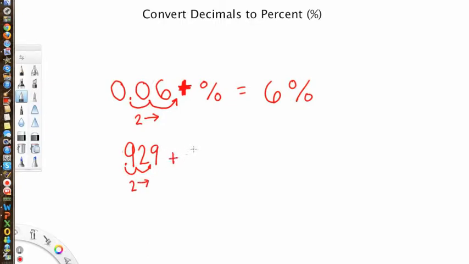We add a percent. And what do we get? 92.9%. Okay? Which is the same thing as 929 thousandths. Okay, so just remember, when converting decimals to percents, move the decimal place 2 places to the right, and then add a percent sign.